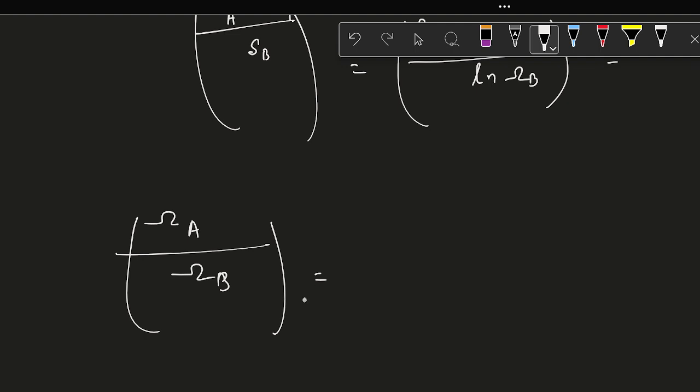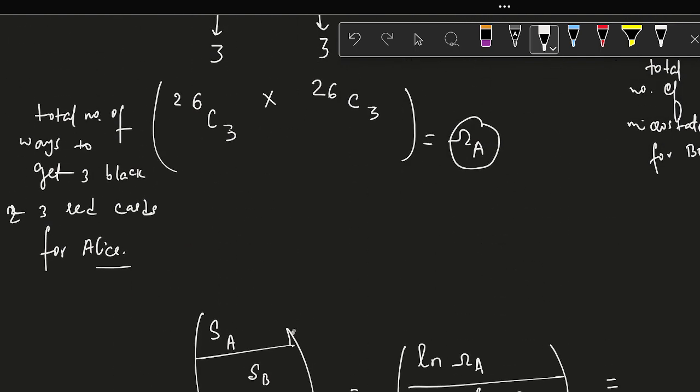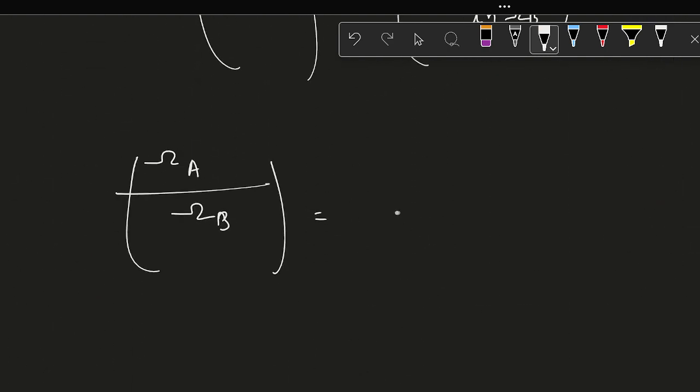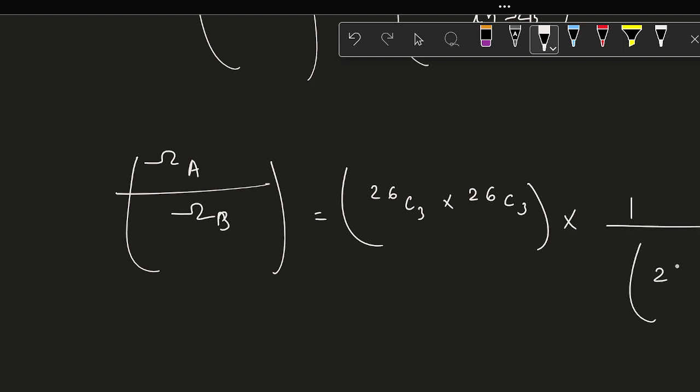So omega_A, what we got, is 26C3 into 26C3, and for omega_B we know that is 26C4 into 26C2.